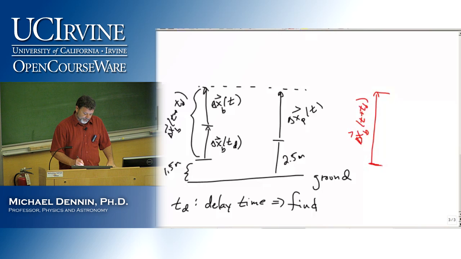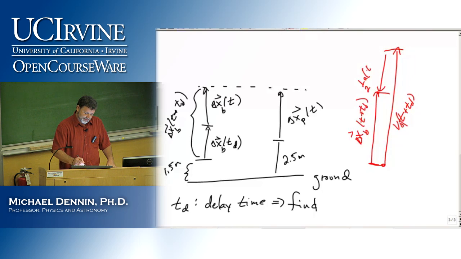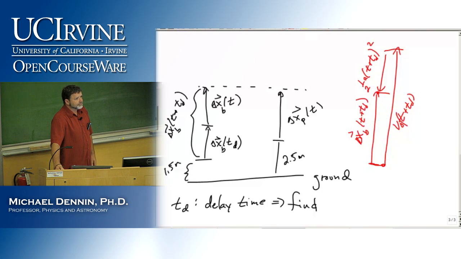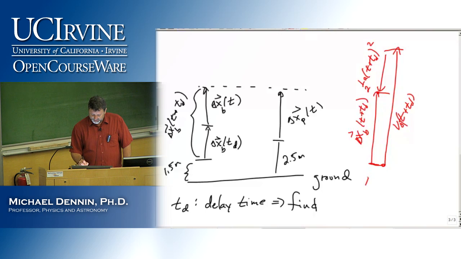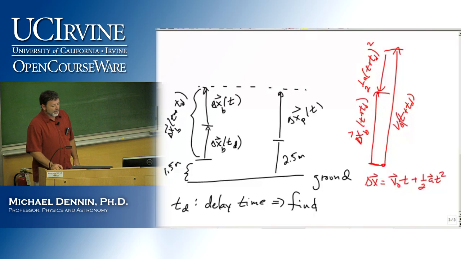So to get them to add from here and finish here, v naught t has to do that. And t in this case is t plus td. And then 1/2 at squared, 1/2 a t plus td squared, does that. So this is my delta x equals v naught t plus 1/2 at squared. And that's for the ball.